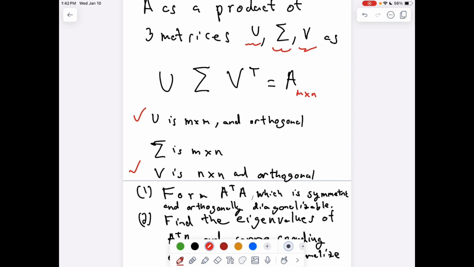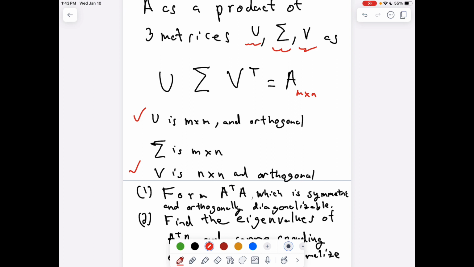Before I get into the problem, I want to say a couple things. You will need to know how to find eigenvalues and eigenvectors here, because unfortunately we don't have enough time to go over that. So I'm assuming you have knowledge of that, and if you don't, I would stop this and go over that.